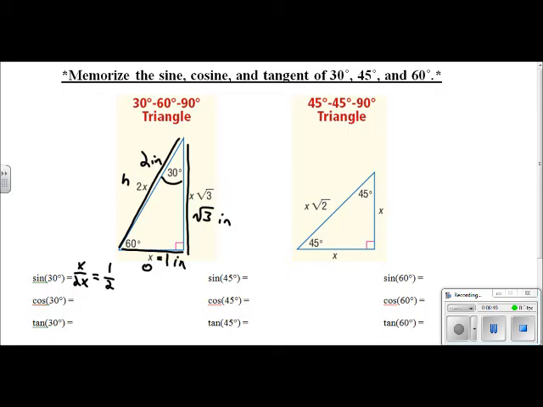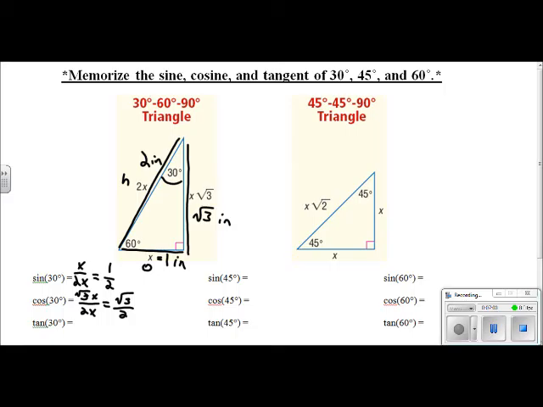Now if we're looking at the cosine of 30 degrees, again, that's going to be the adjacent over the hypotenuse. So we would say that it's root 3x over 2x, which again we can reduce down to root 3 over 2. And the tangent of 30 degrees, remember, is the opposite over adjacent.